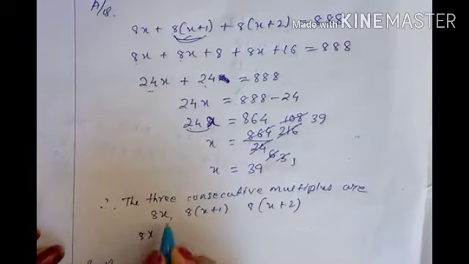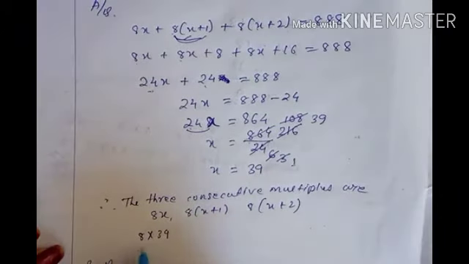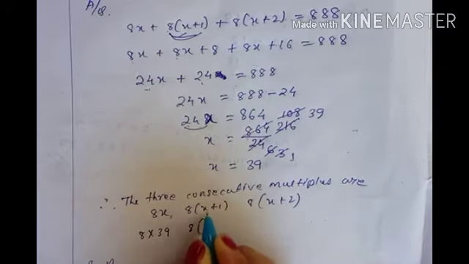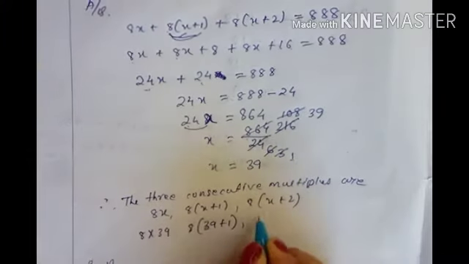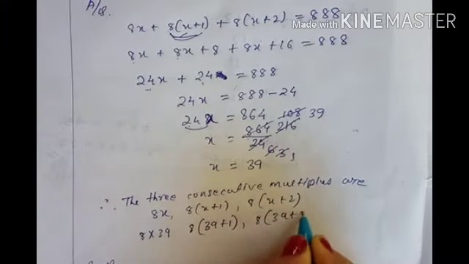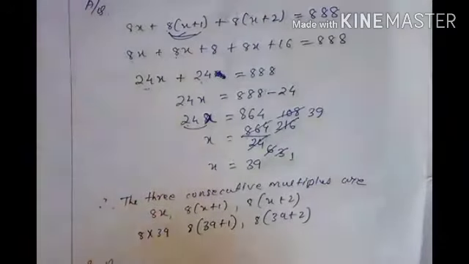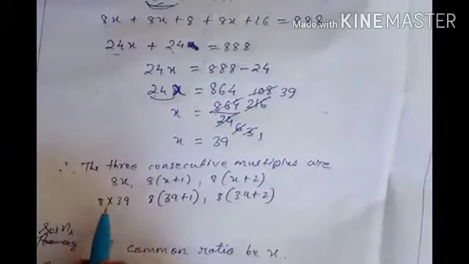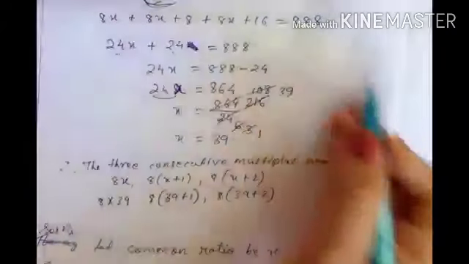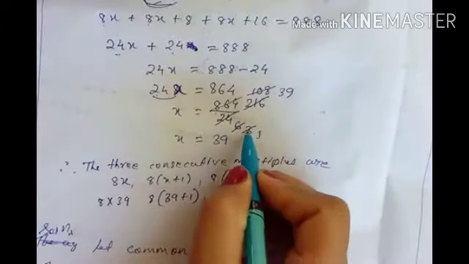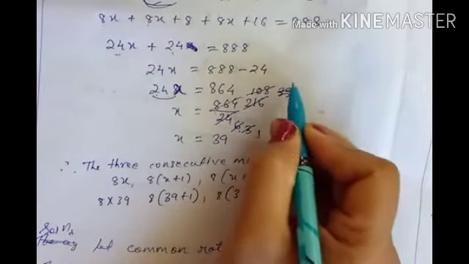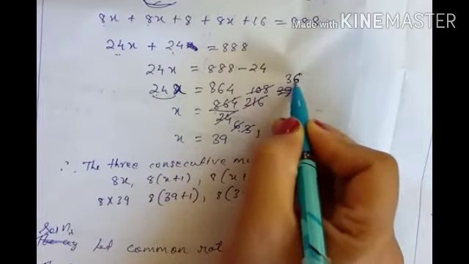Now 8 into x, what is the value of x? 39. So next 8 into 39 plus 1, again 8 into 39 plus 2. Oh, this one, if you cancel 108 with 3, you will get 36. Okay, I made a mistake. This is 36, not 39.